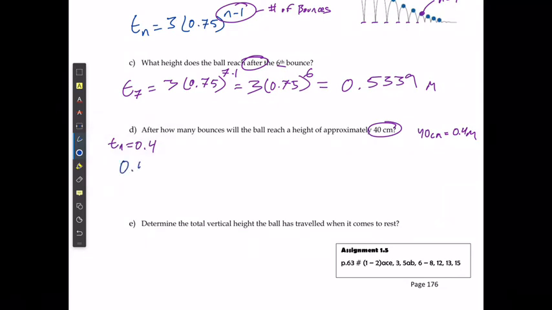So 0.4 is equal to 3 times 0.75, and if n minus 1 is equal to the number of bounces, let's call the number of bounces b.